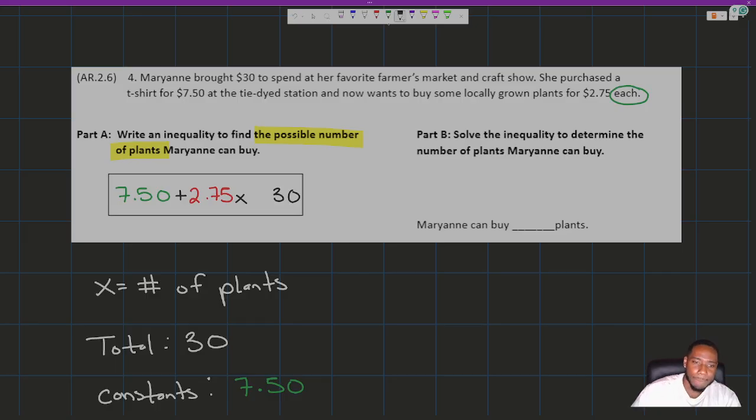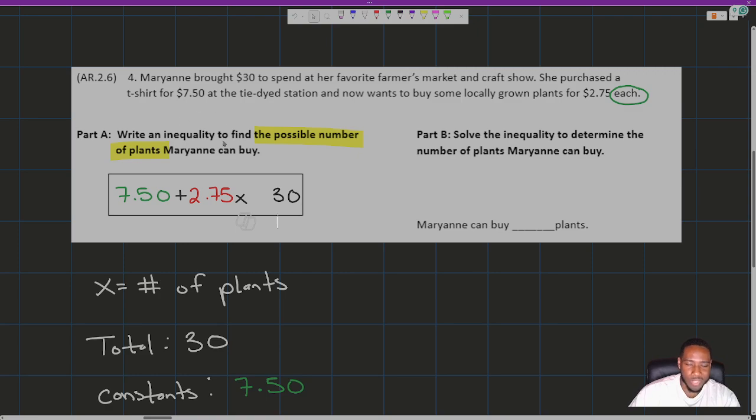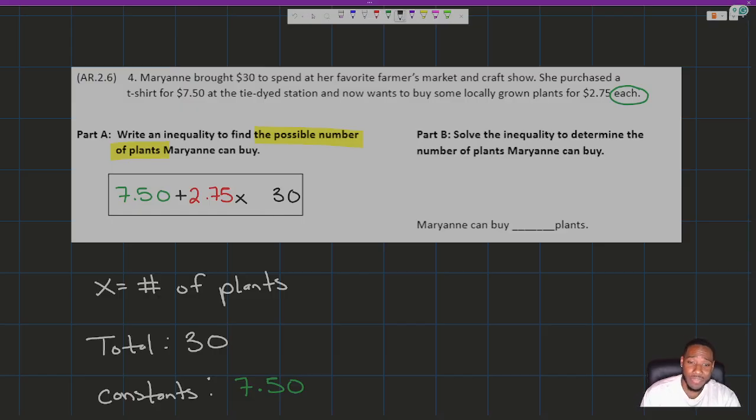But in what way? Because it asks us to write an inequality, so an equal sign doesn't cut it here. If we're thinking about what the problem tells us, and we know that Marianne has $30, we know that she's allowed to spend less than that, right? And so we can say that the amount she's spending, represented by this portion of our relationship, is allowed to be less than $30, because she's allowed to go to the craft show and spend less than $30.